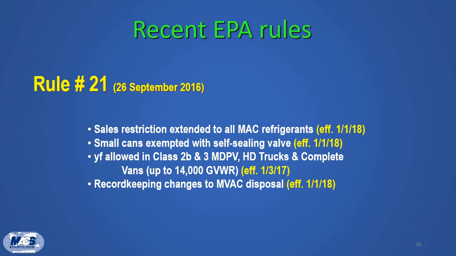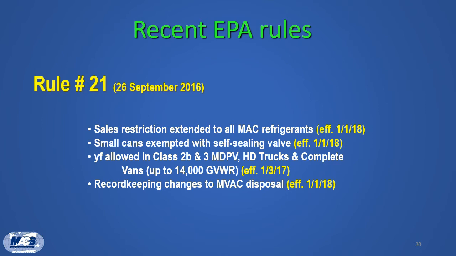So prior to January 2018, the small cans had flat tops on them. So when you would connect your adapter and puncture the can, you basically had to use it right away, or else whatever refrigerant was in that can would eventually vent out to the atmosphere. But the inclusion of these self-sealing valves allows the can to be resealed if only some of the refrigerant is used.